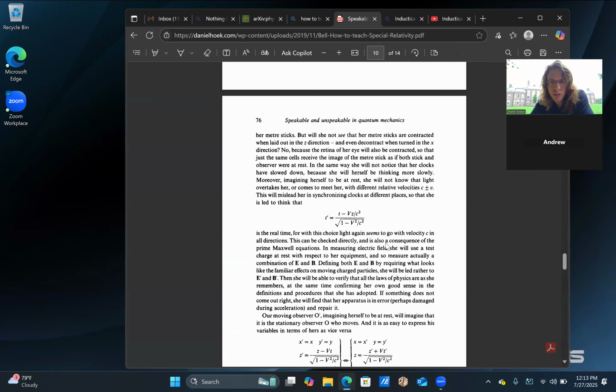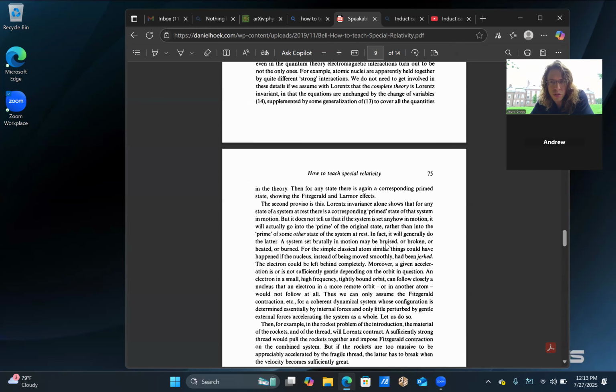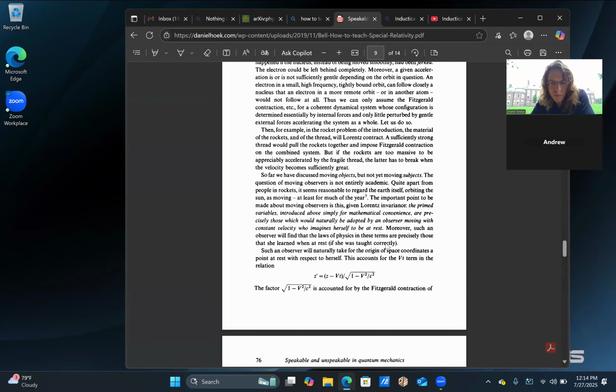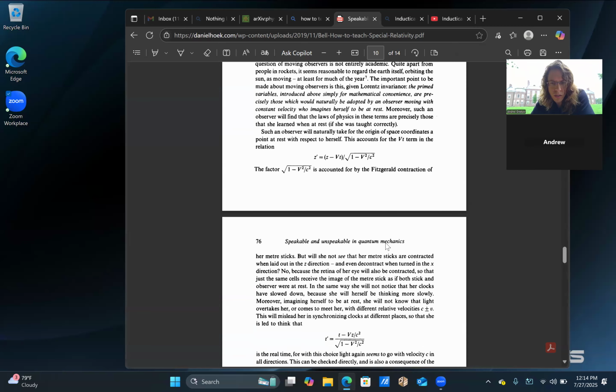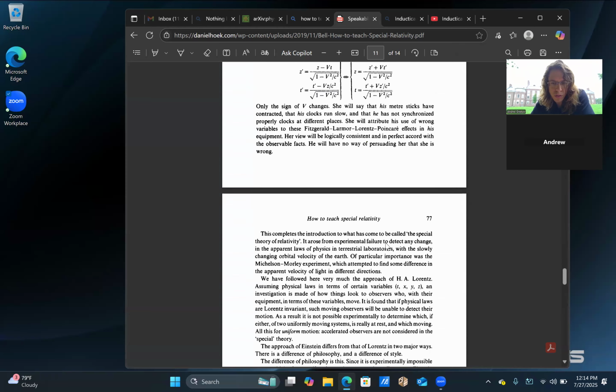In some sense, Lorentz was trying to prove what Einstein postulates, that all physical laws are the same in all inertial reference frames. So that's the summary of the paper.